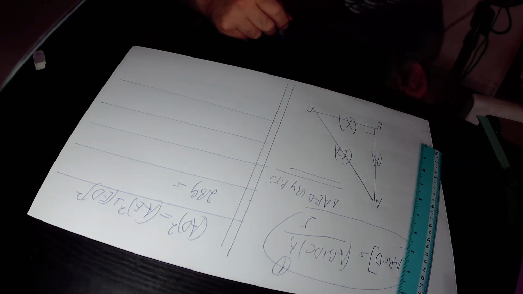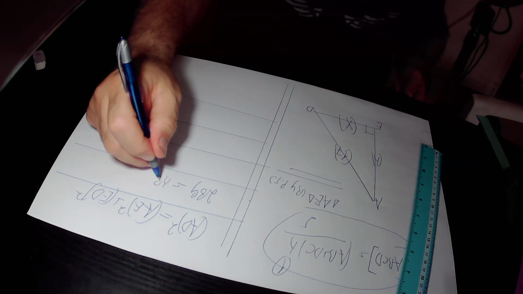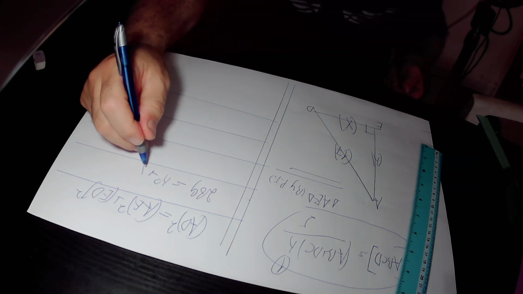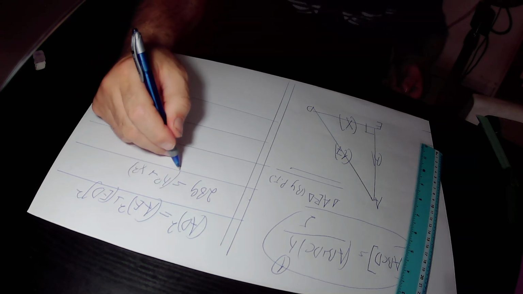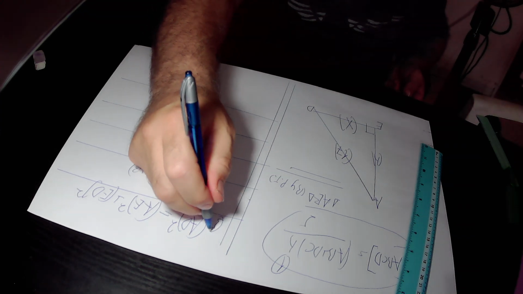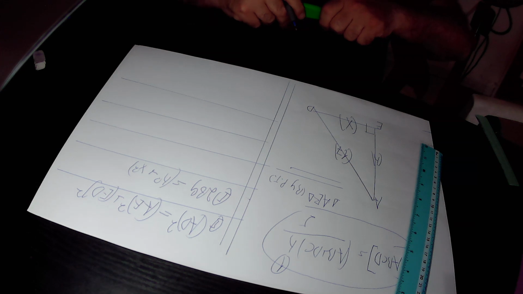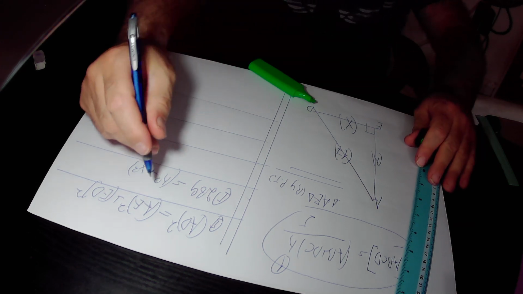AE is h, therefore AE squared is h squared, plus ED squared. ED is x, therefore ED squared is x squared. So in conclusion, according to equation 1, 289 equals h squared plus x squared.